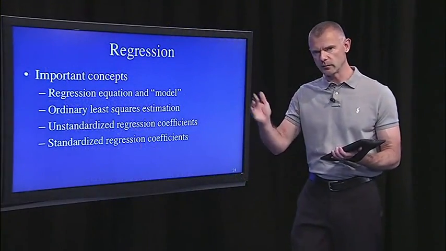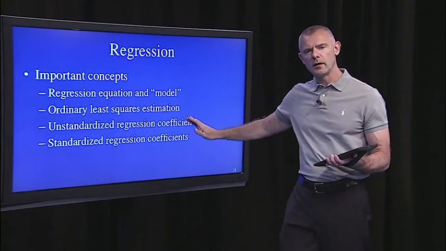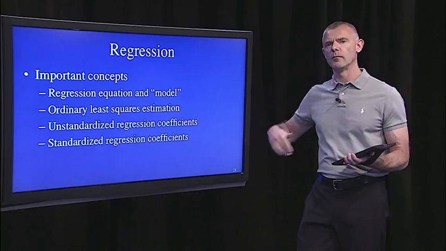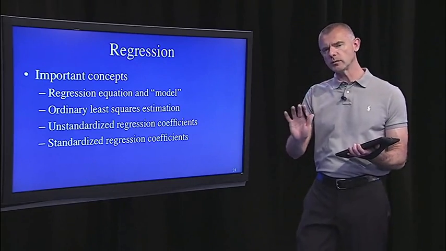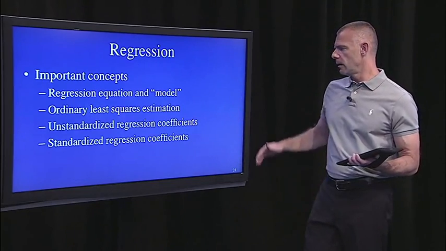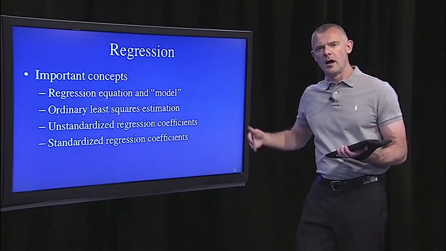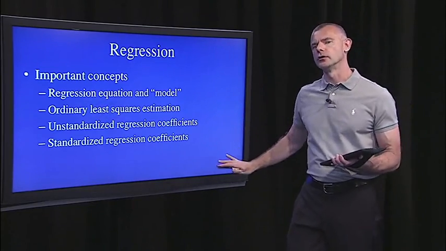We'll move beyond those assumptions later in the course. Understand what ordinary least squares estimation does. We'll come back to that again in multiple regression and in lecture 9 in R. And then the importance of this distinction between unstandardized and standardized regression coefficients.